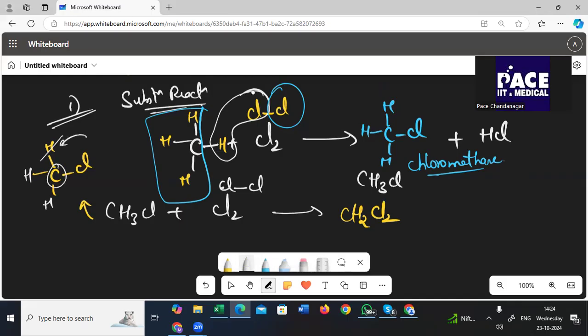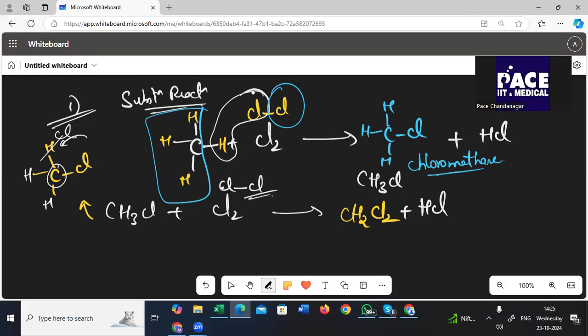So CH2Cl2 is released plus HCl. This hydrogen goes off along with Cl, because one chlorine is still left behind here, so that turns out to be HCl. And the product formed here is CH2Cl2.